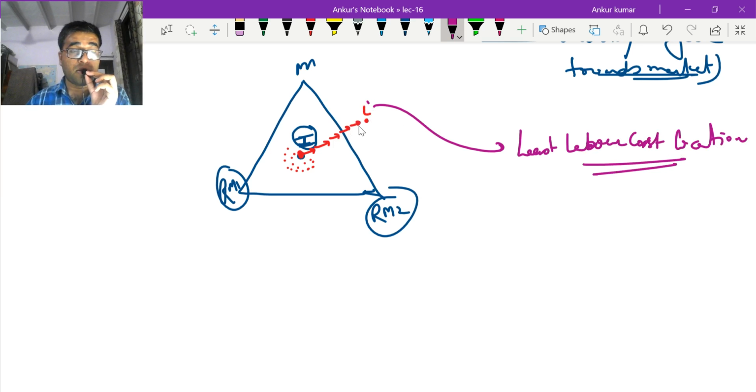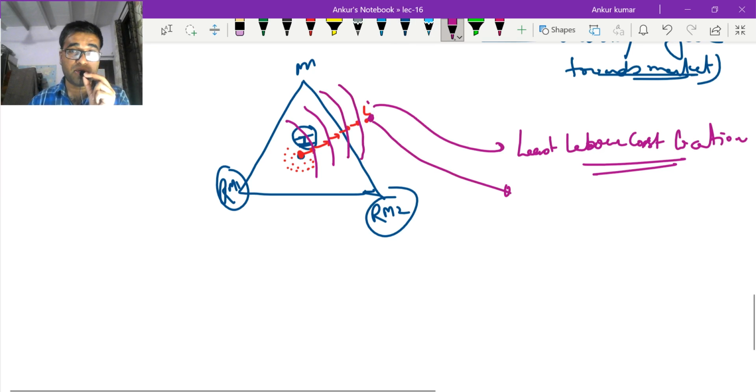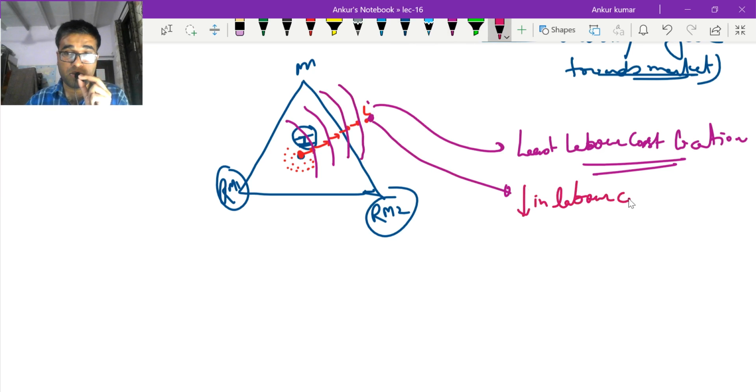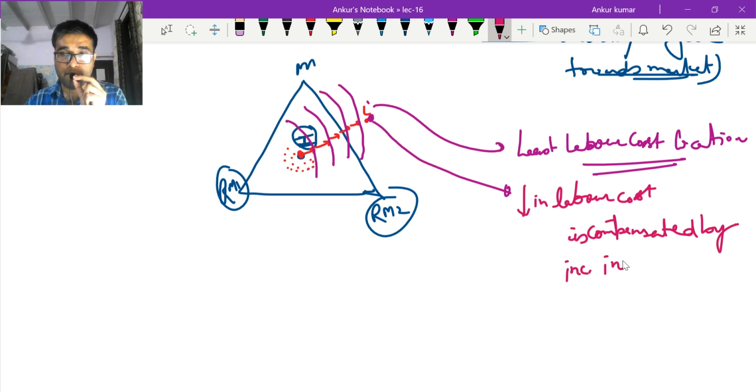Now as the industry is migrating, you have to keep another factor in mind, that as the industry migrates, the transportation cost will start increasing. But there arrives a point where the decrease in labor cost is compensated by the increase in transportation cost.